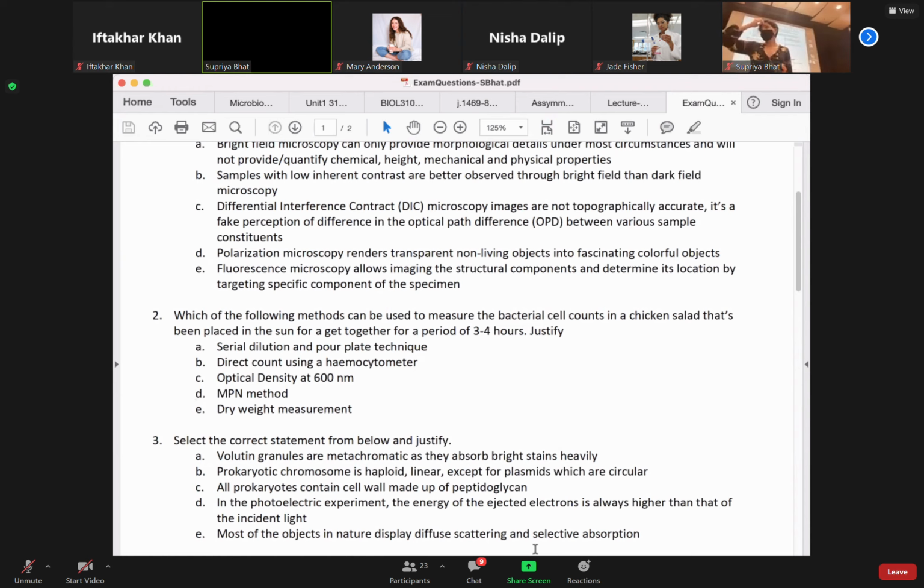There were also a couple of questions about the first question in the exam about the DIC. Thomas was saying that option C for the first multiple choice was the most confusing one, because he was trying to get clarity on what the fake 3D appearance in DIC microscopy was. I think that was it.